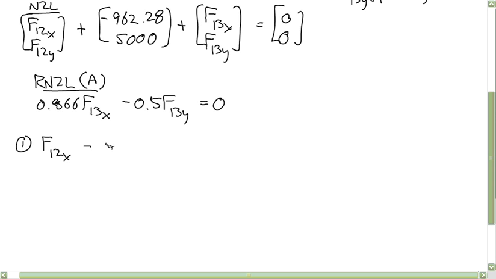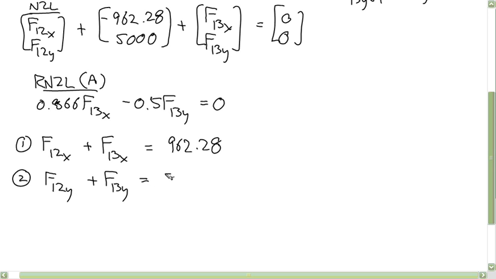F12x plus F13x is equal to positive 962.28. And F12y plus F13y is equal to negative 5,000.